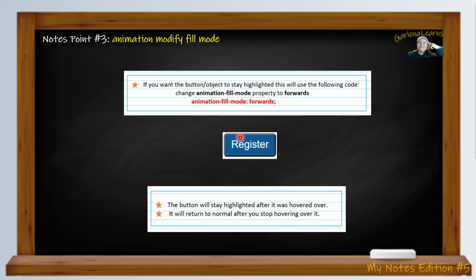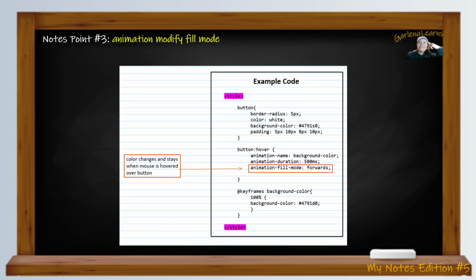What you'll be doing is a button, and when you hover over it, it will stay on instead of disappearing, holding the hover for a few seconds like in the previous examples. And here's the example code and where you would plug it in. You would plug it in with all the other hover instructions, and right here is the name of the code, animation fill mode, and the term you would use is forwards. So let's see what that looks like.